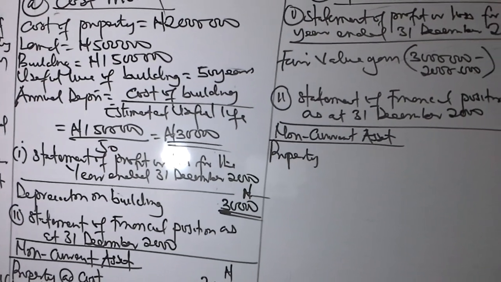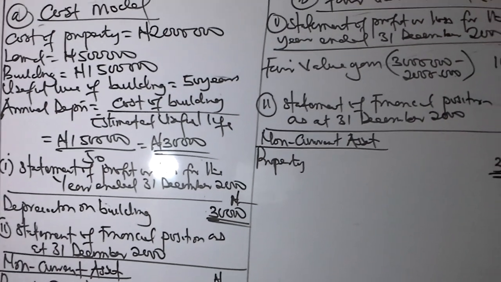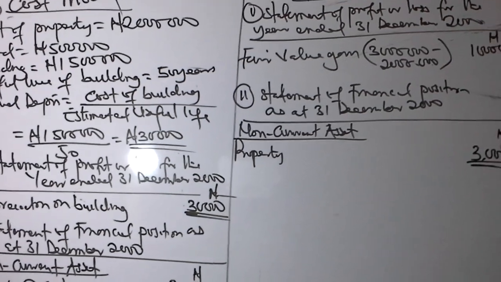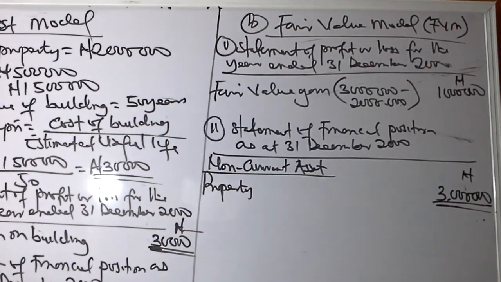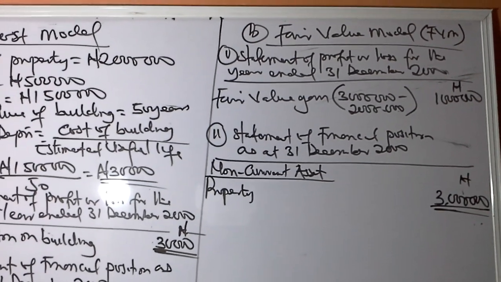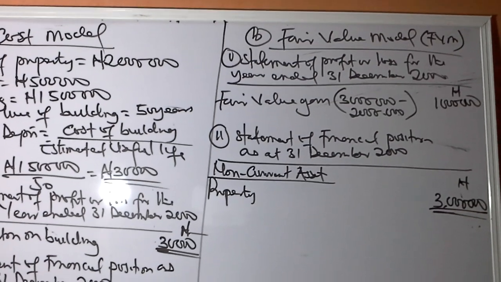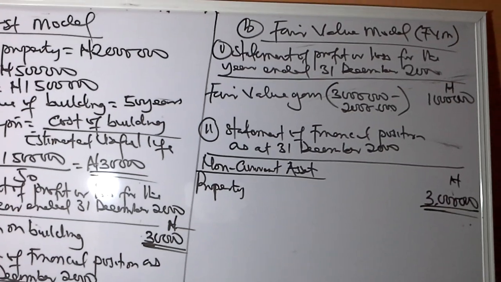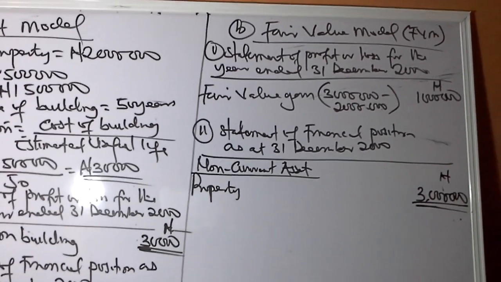Now we have a look at the notes on the investment property, and the first question was on how to determine the cost of an investment property at initial measurement. While the second question helps us to determine how to account for subsequent measurement using the cost model or the fair value model. So thank you very much.